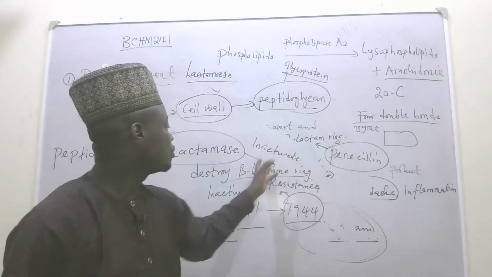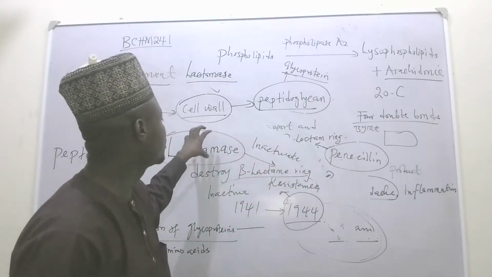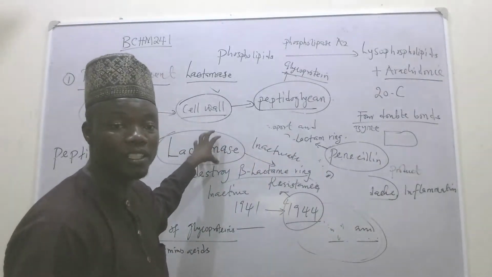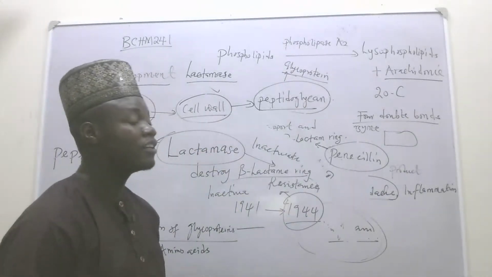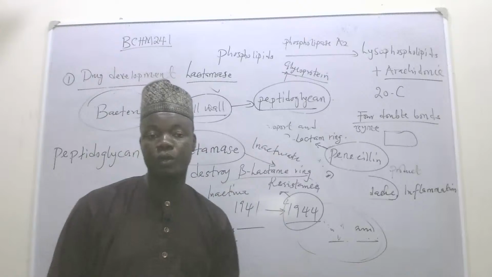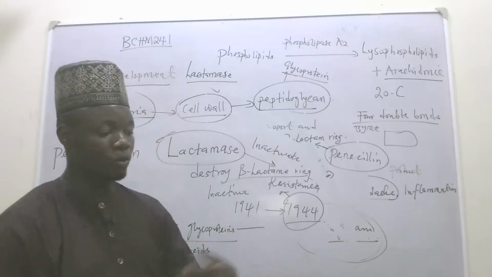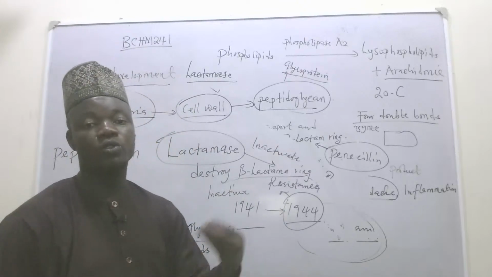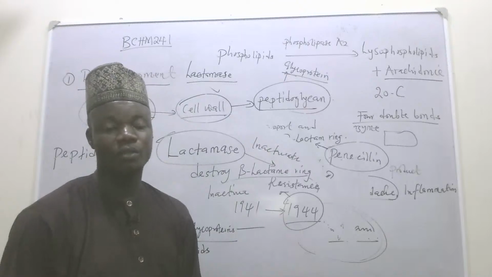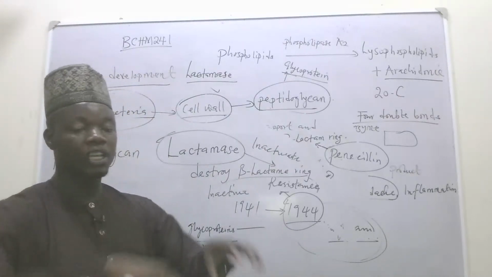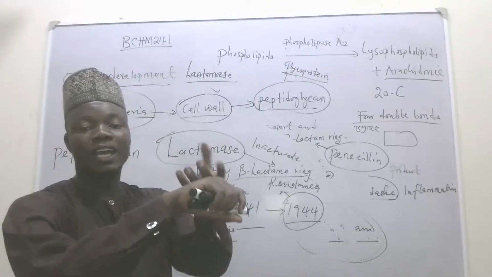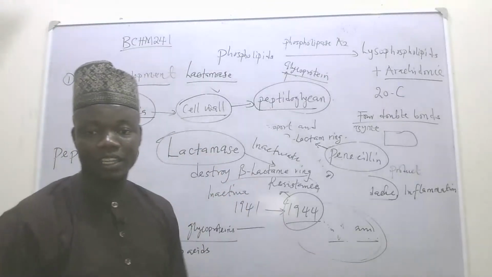Why? Because if microorganisms become resistant to a particular class of antibiotic, then scientists will think of developing a new one. So as you produce a new one, they will still develop resistance to it because they are always trying to survive like humans. Sometimes they even cap the active site.